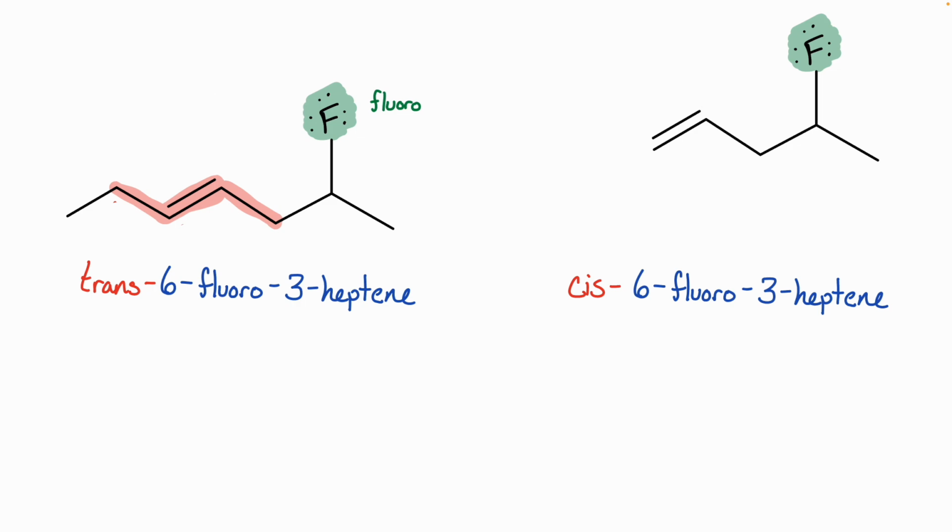I'm going to have to draw those bonds pointed in the same direction, so I'm going to draw that now pointed in the same direction as my other existing single bond. I have to make sure I have the correct number of carbons. 1, 2, 3, 4, 5, 6, 7. So I'm missing one on the end here. Boom. So this would be our cis conformation of that same 6-fluoro-3-heptene molecule.